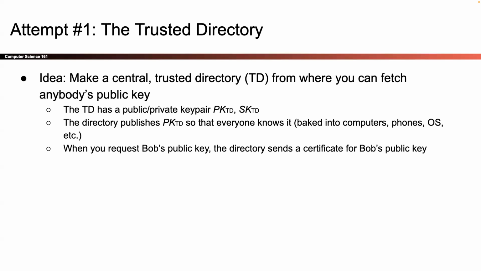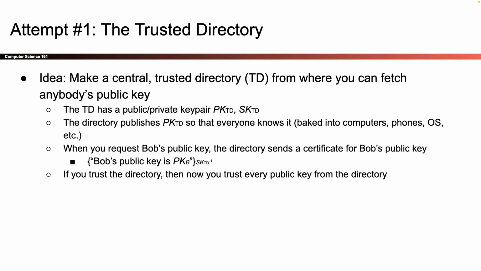And I can use that really trustworthy person's public key, which I trust implicitly, to verify the certificate. There's the message. It's signed by the trusted directory's private key, and I can use their public key to verify. So now this person can tell me everyone else in the world's public key. Okay, that is one possible approach.